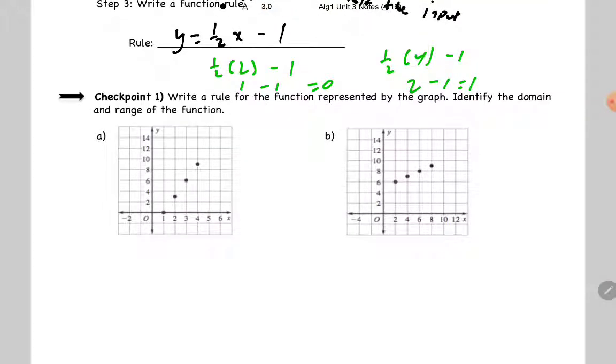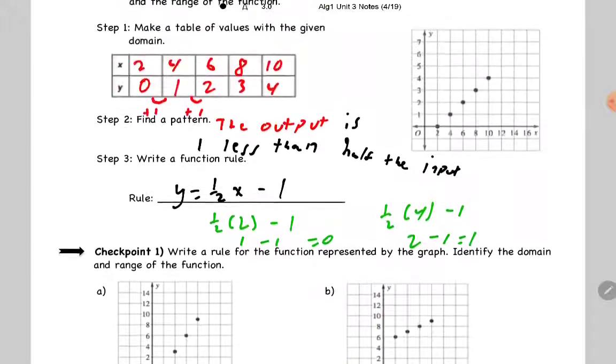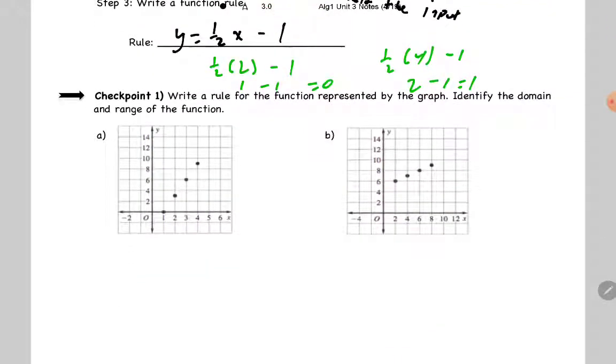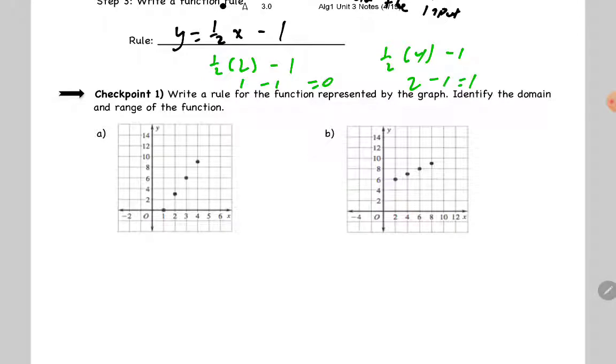Okay, write a rule for the function represented by the graph. Identify domain and range. So let's start off with our domain and range. D for domain, R for range. So our domain is 1, 2, 3, 4.